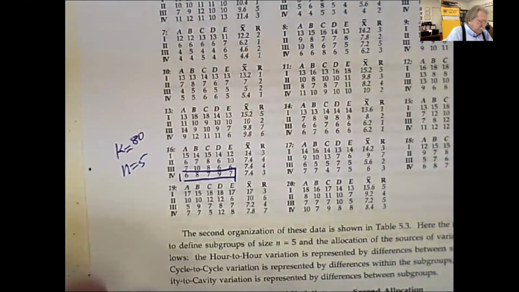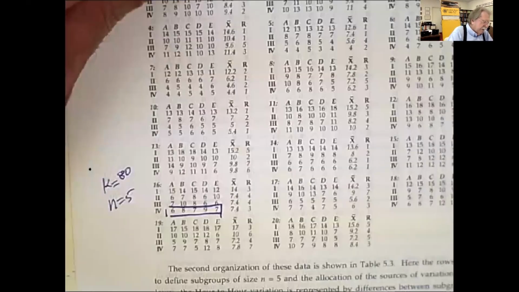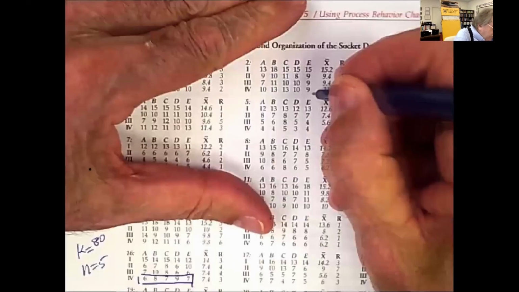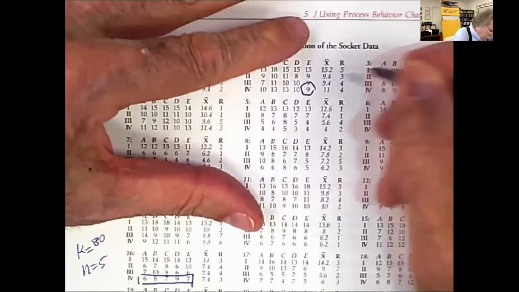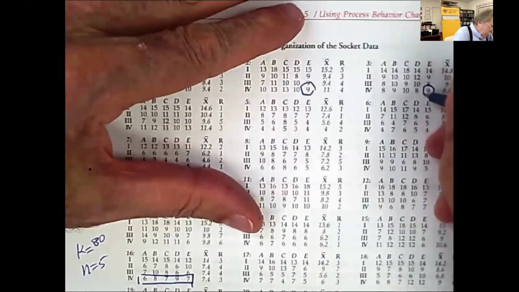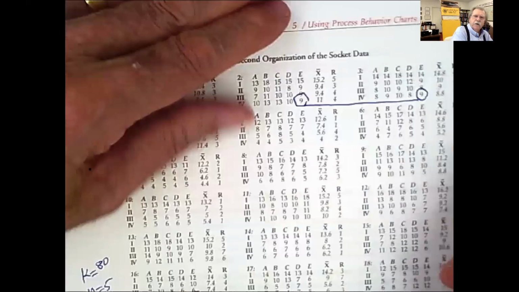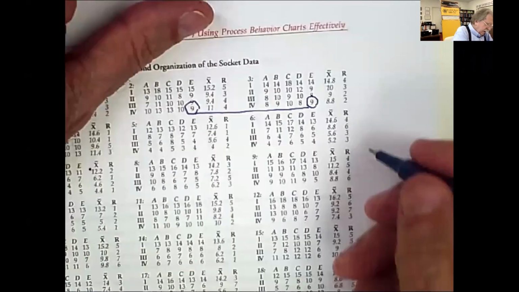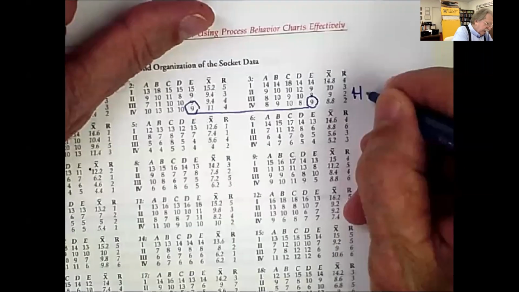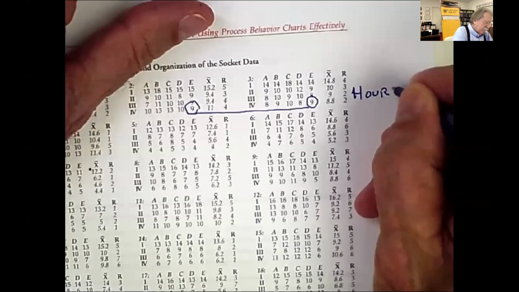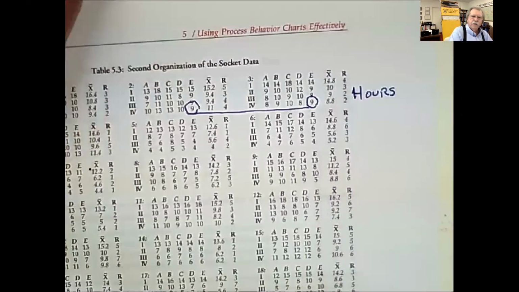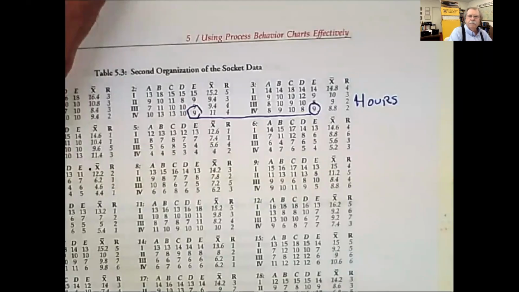I'll move up to the top of the page again. These 2 numbers differ in context in that they represent different hours. Are they in the same subgroup or different subgroups here?